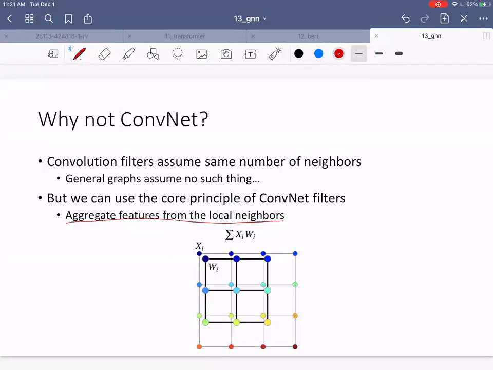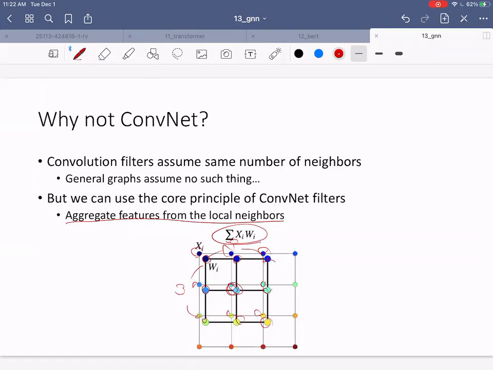In images we had a 3x3 filter, and we slide it across the image. At each time step we multiply each pixel by the corresponding weight and then sum them up. So it's a weighted sum operation per time step, applied only locally to the neighbors of this particular target.